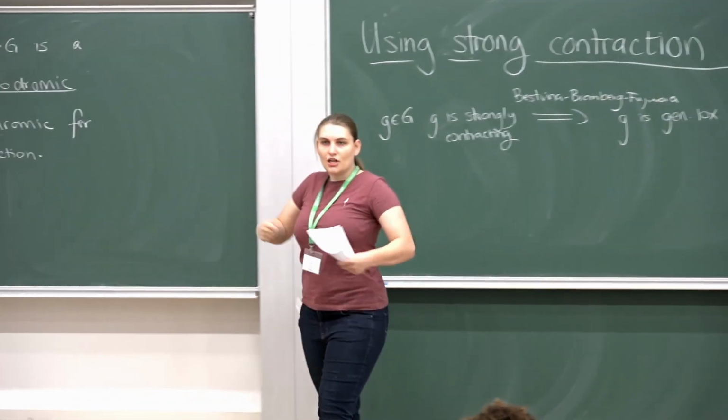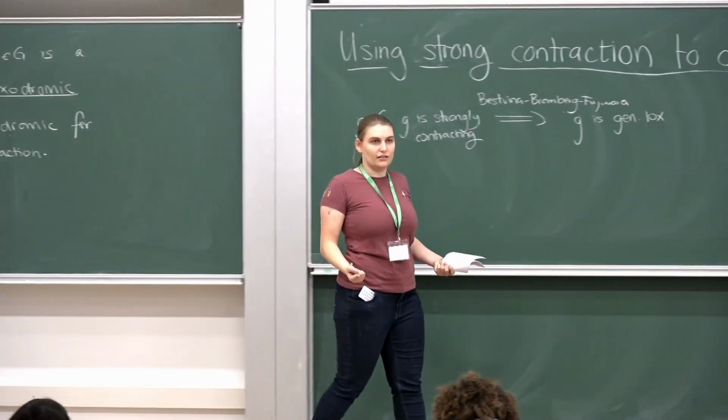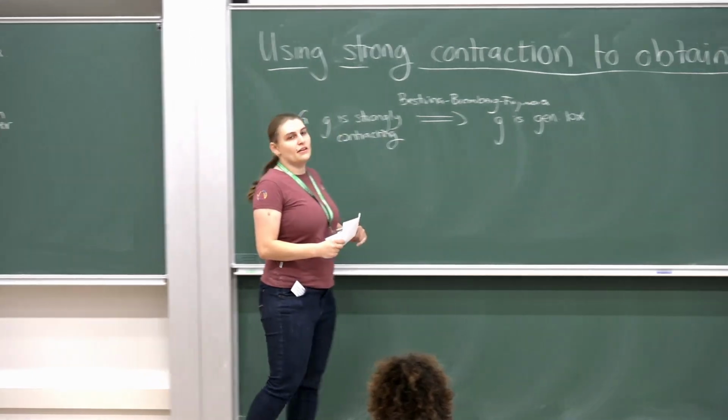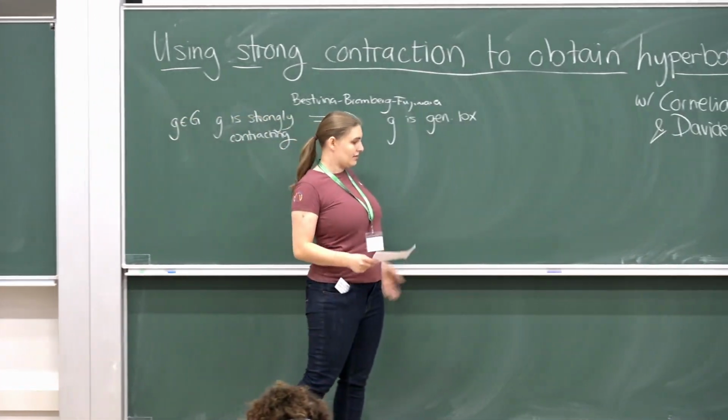And not only did they show it's a generalized loxodromic, but they gave a specific construction called the projection complex, where they say, well, in this specific action, it is loxodromic.